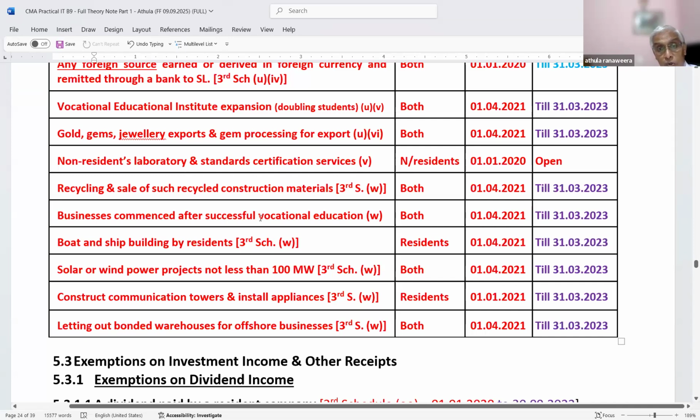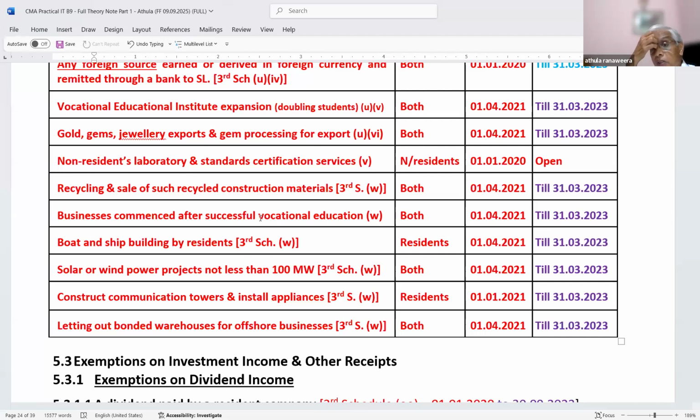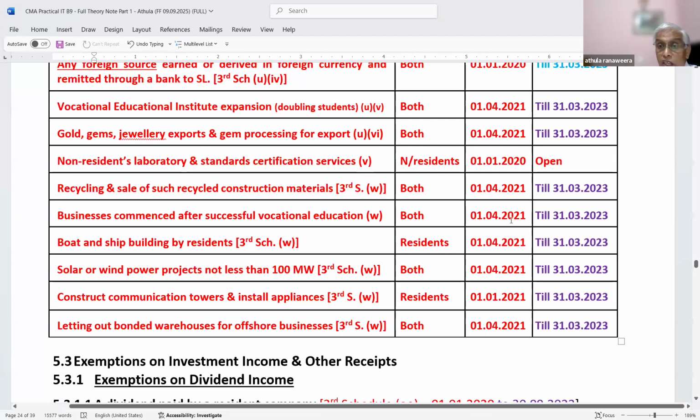When a student joined a vocational education course, after the vocational education, if you start a business with that knowledge, you were getting a tax holiday, but they limited it to 2 years. Then, in all these cases, I have given the section numbers. All these are in the third schedule, these section numbers.